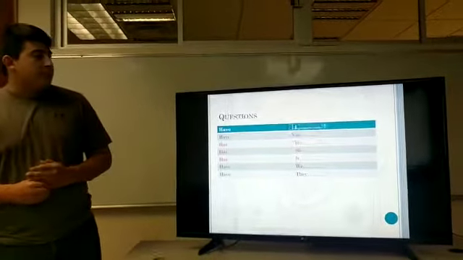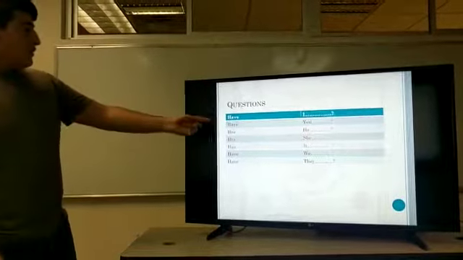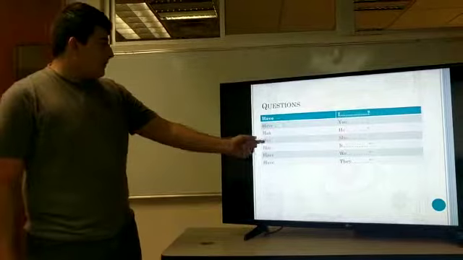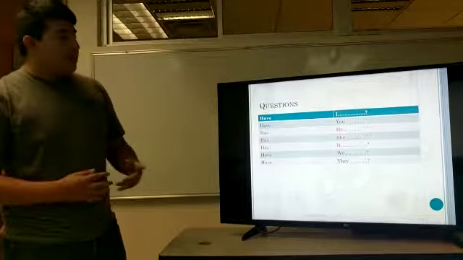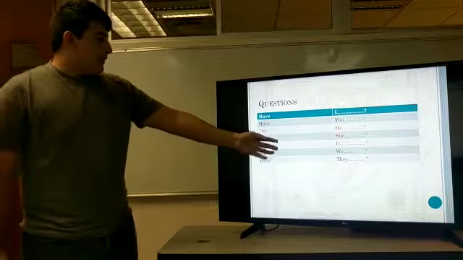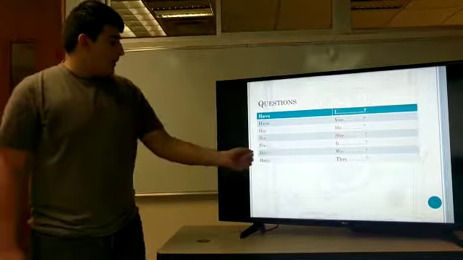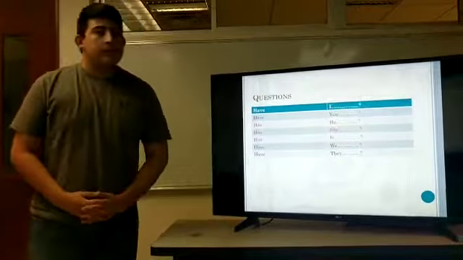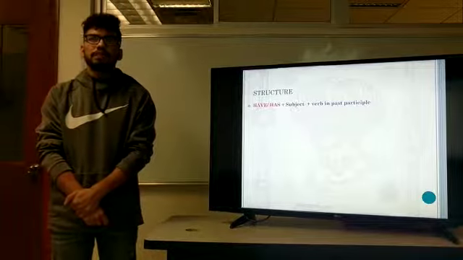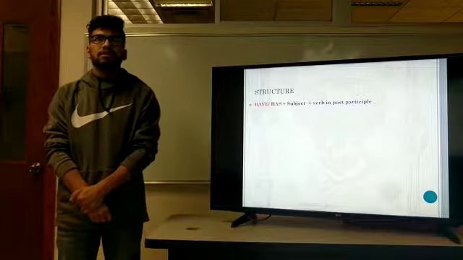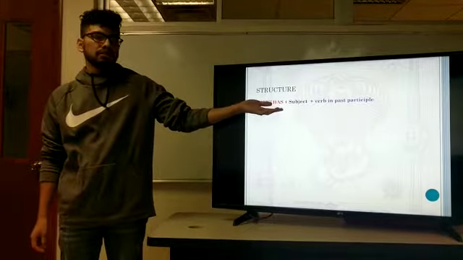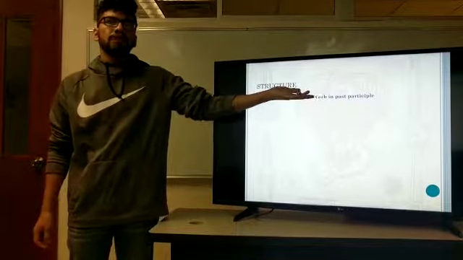As you can see, the questions are: have I, have you, has he, has she, has it, have we, and have they. Here in this slide, we can see the structure of how to make questions in present perfect tense. We have have or has, plus the subject, plus the verb in past participle.